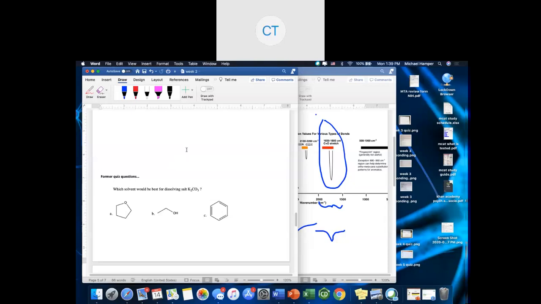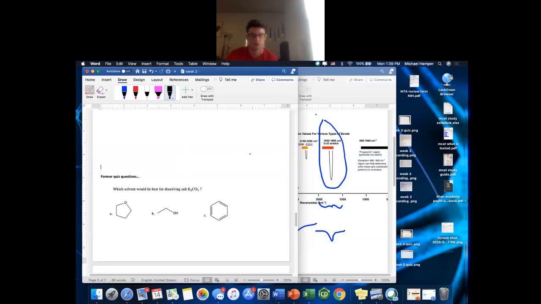You know from chapter 3 that these potassium ions are just going to float away, and this CO3 looks something like this. If you draw the Lewis structure, you see that this is polar.